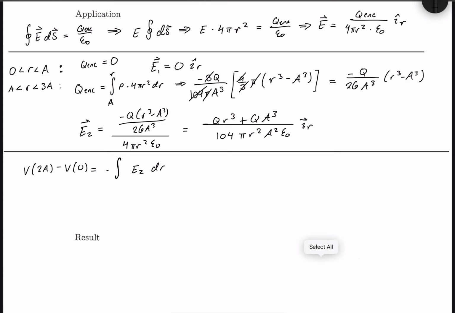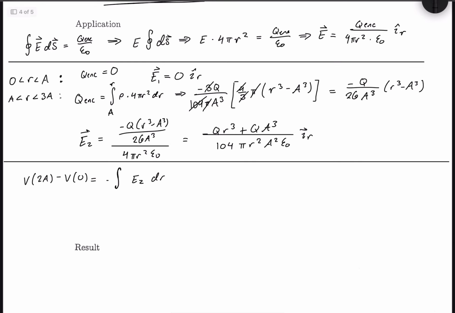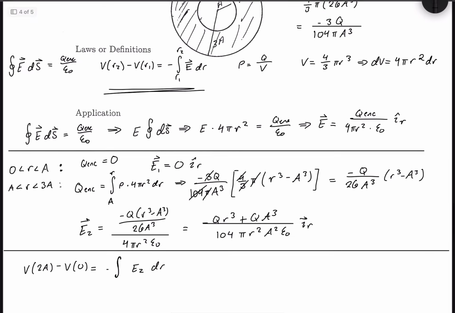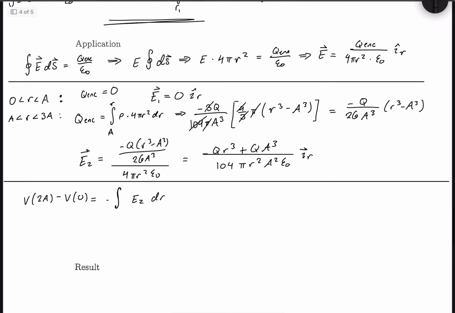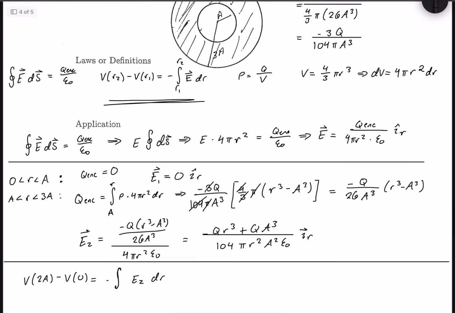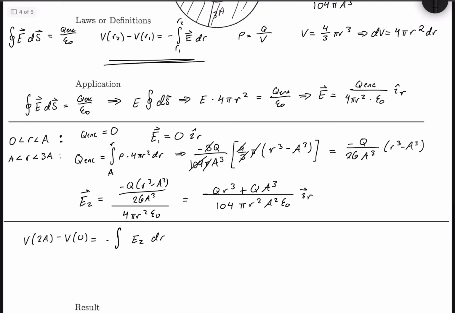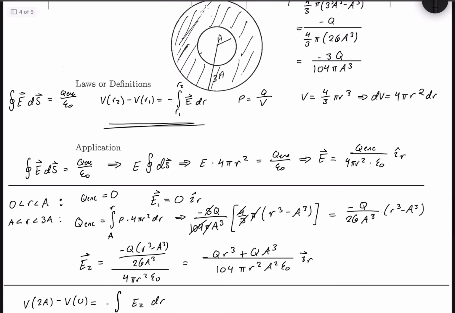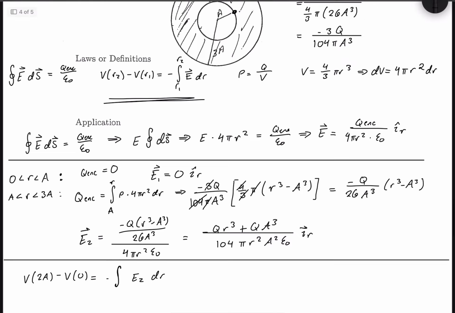But the last physics concept we need to understand to finish this problem out is to know that the electric potential difference from 0 to 2a is really just a to 2a, right? It's the same thing because, like I said, the object that has charge starts at the radius equals a and ends at radius 3a, which means that there is no charge prior to a, so radius less than a, as we saw here.